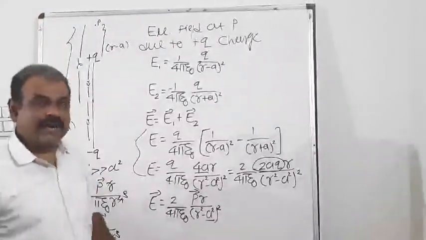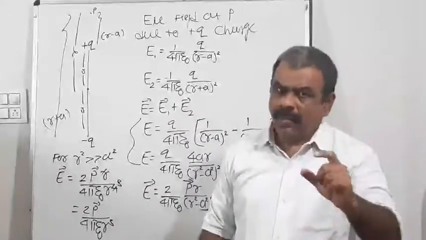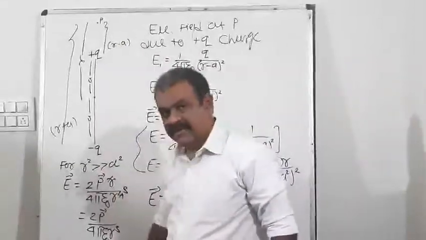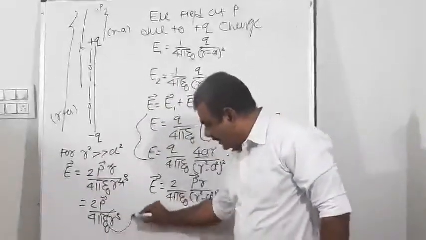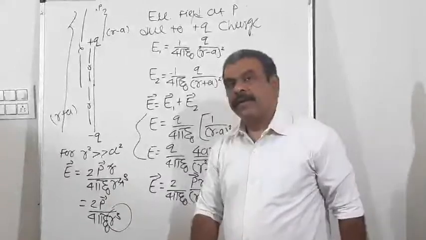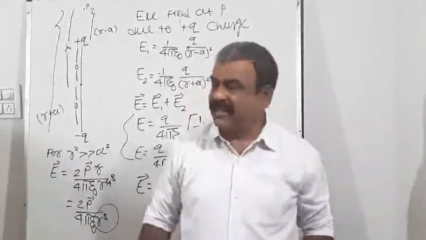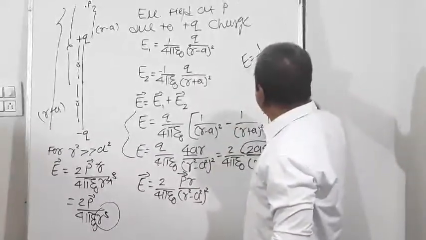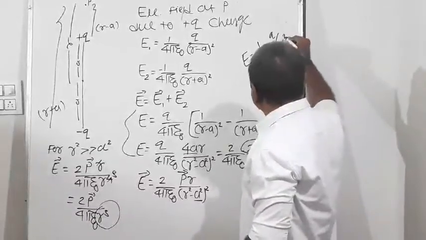This is electrical field intensity on axial line of electrical dipole. What is axial line? I have already made clear. The line passing through both the charges. Another important concept is, see this proportionality, 1 by r cube. In last lecture, we discussed electrical field due to point-like charge, and it was E is equal to 1 over 4 pi epsilon 0 into Q by r square.